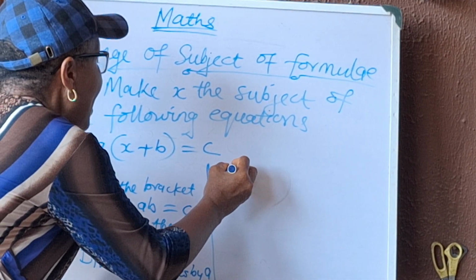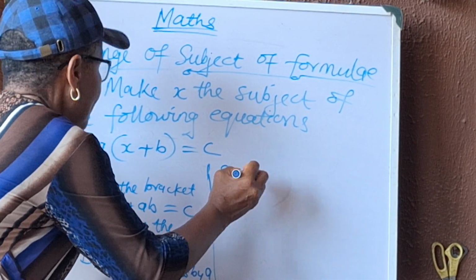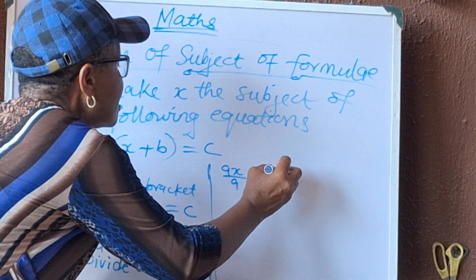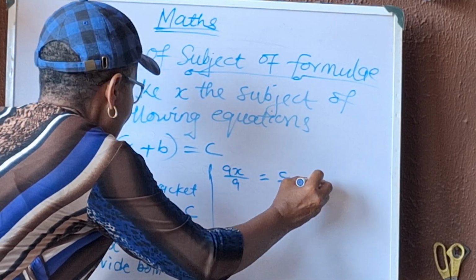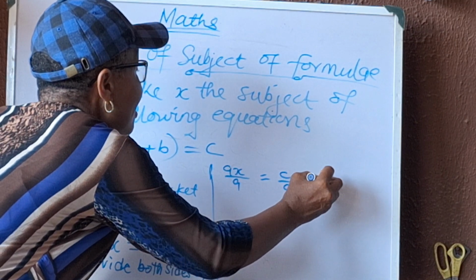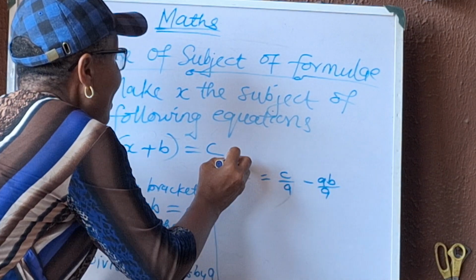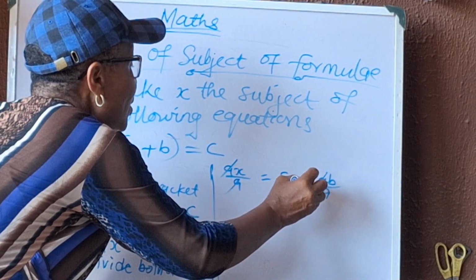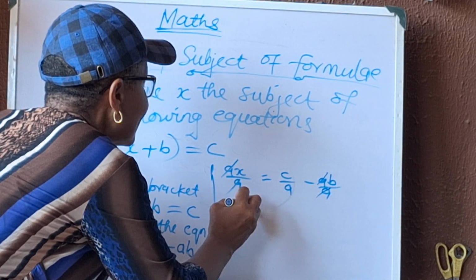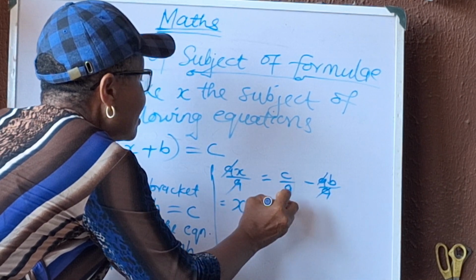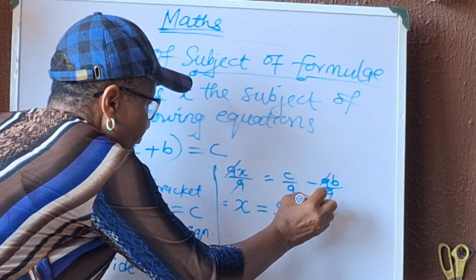Let me write it out. ax over a equals c over a minus ab over a. So that this a will nullify this a. Remaining what? x equals c over a minus b.